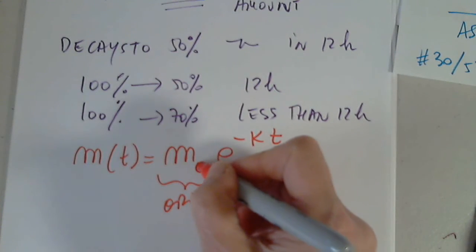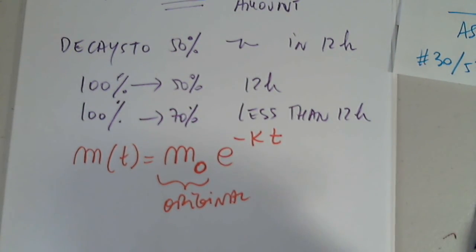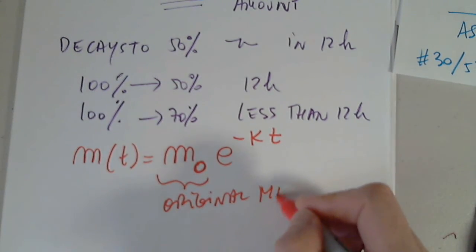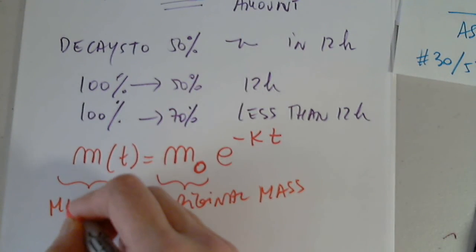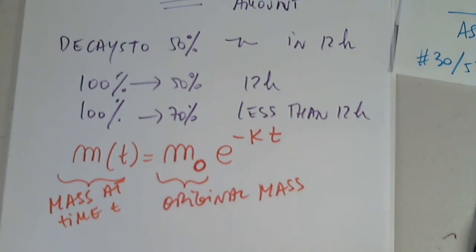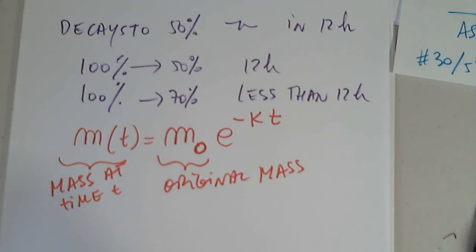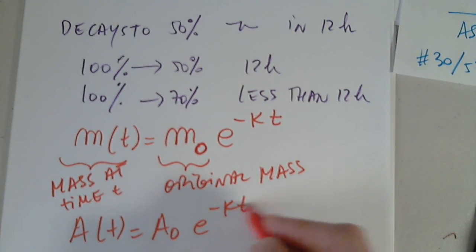Anything that has 0 as a suffix, it has to be original. Original mass. And this is the mass at time t. Your book does not differentiate between amount and mass. They still use the same notation. I am fine with anything you want. It's the same thing.